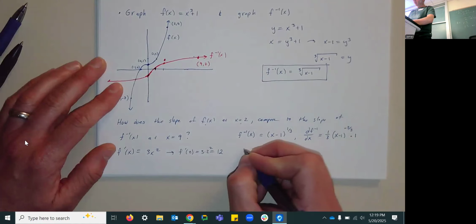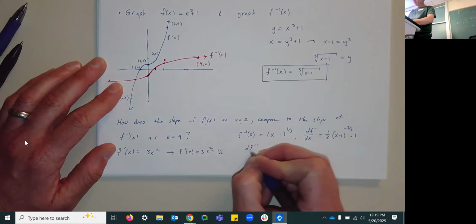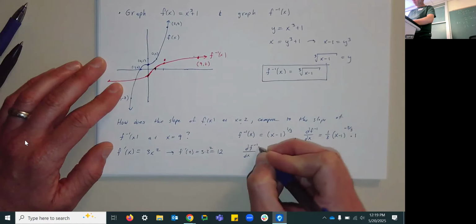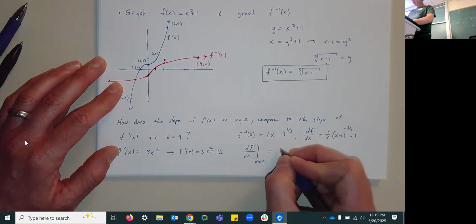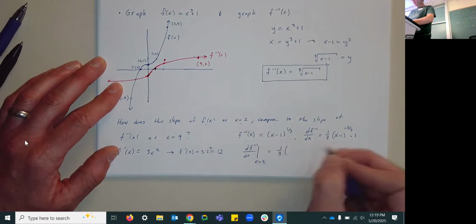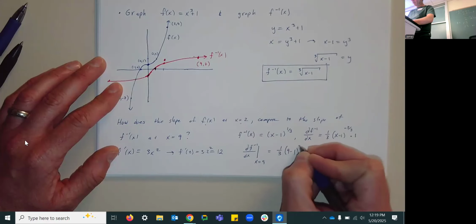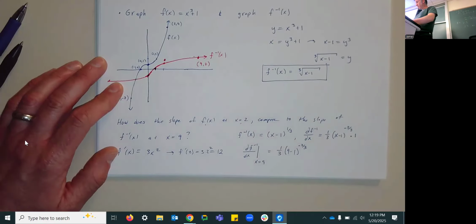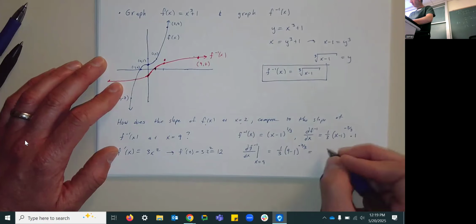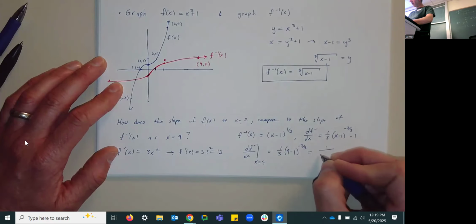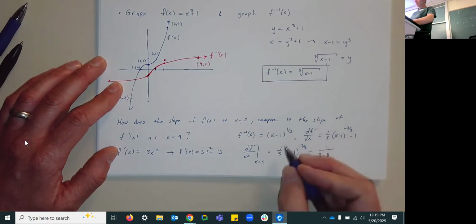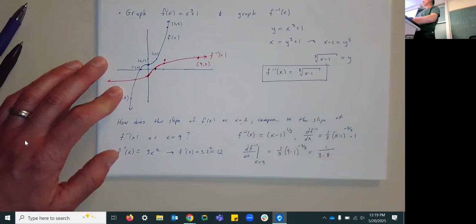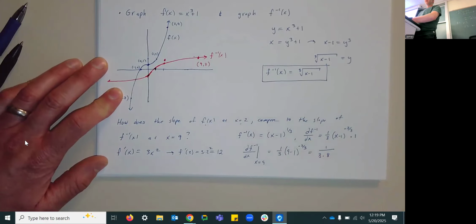So if I take my derivative of my inverse function and plug in x equal to 9, I get 1/3 times (9 minus 1) to the negative 2/3 power. That's 1/3 times 9 minus 1 is 8. If I bring this 8 down to the denominator, it's not raised to the negative 2/3, it's raised to the positive 2/3.